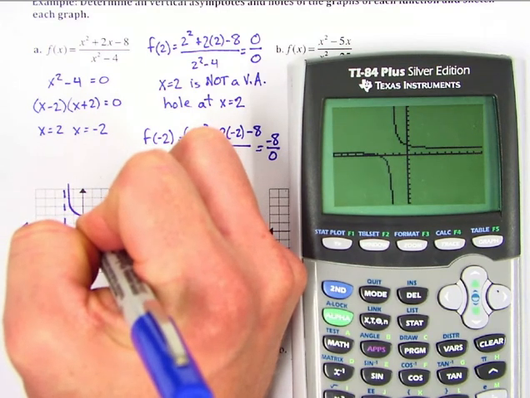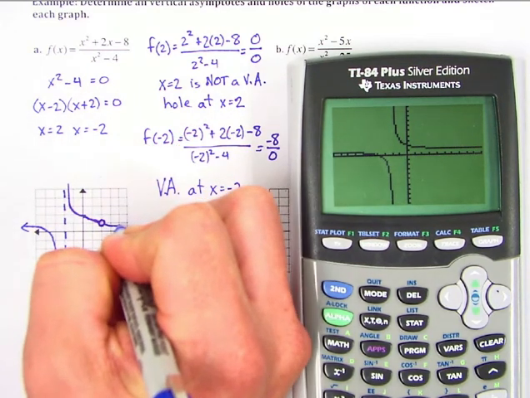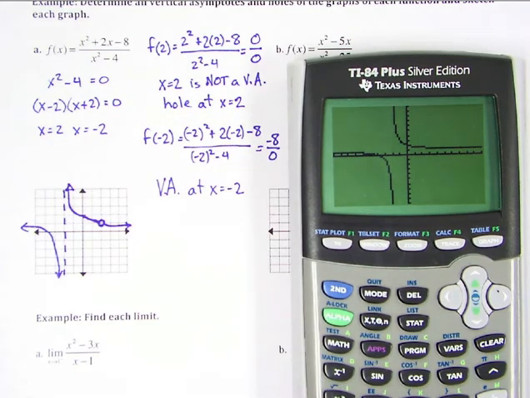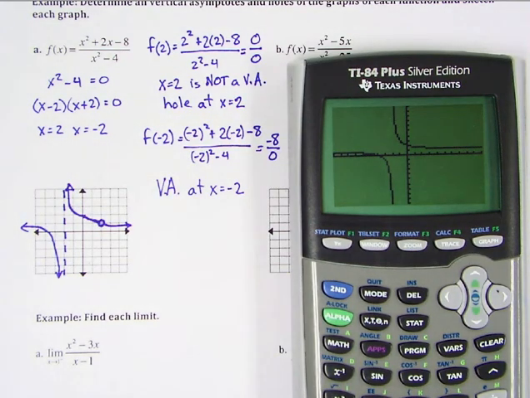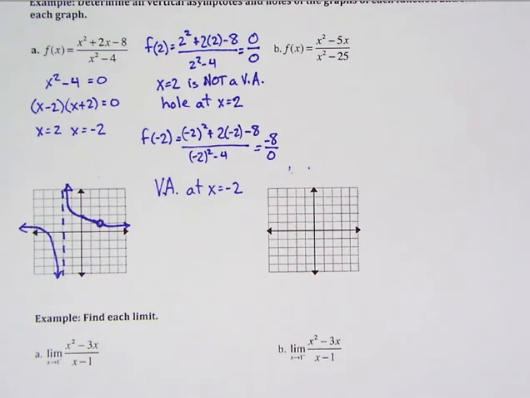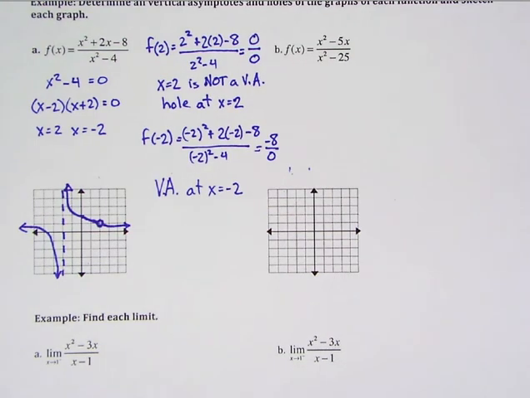So at x equals 2, we have a hole, and then it continues on. All right. Go ahead and try letter B on your own.